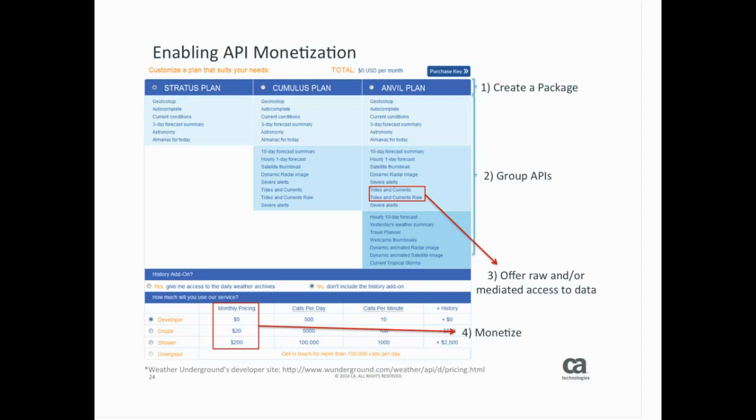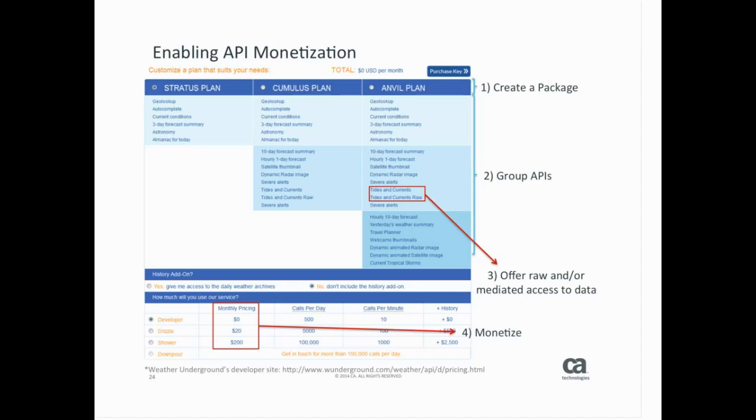So depending on which package you sign up for, you'll get access to 6, 12, or 18 APIs. The best way to think about these packages is to think about your cable company packages. When you buy a cable company package, you'll get access to more or less channels depending on which package you choose. Similarly, depending on which API package you choose, you'll get access to more or less APIs.